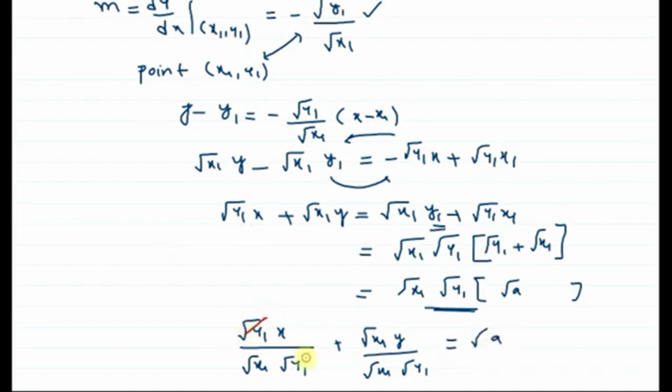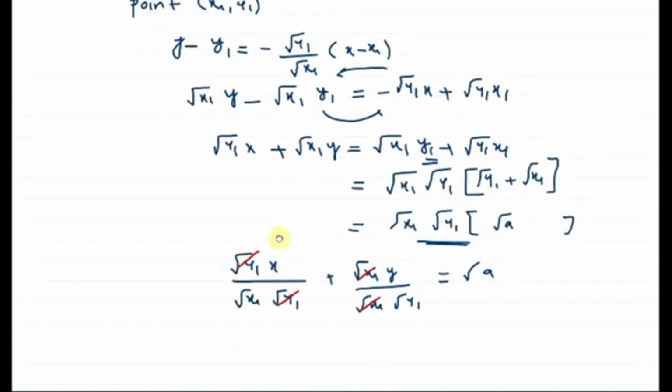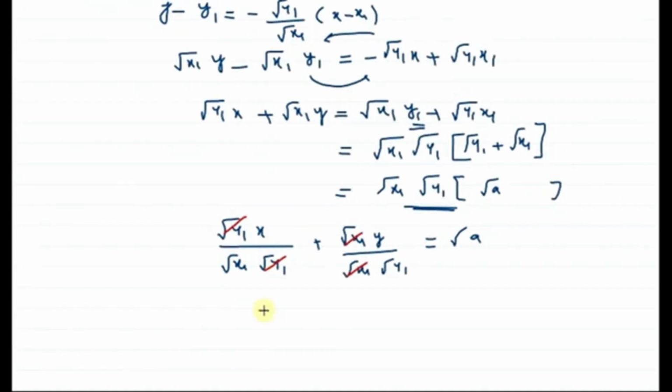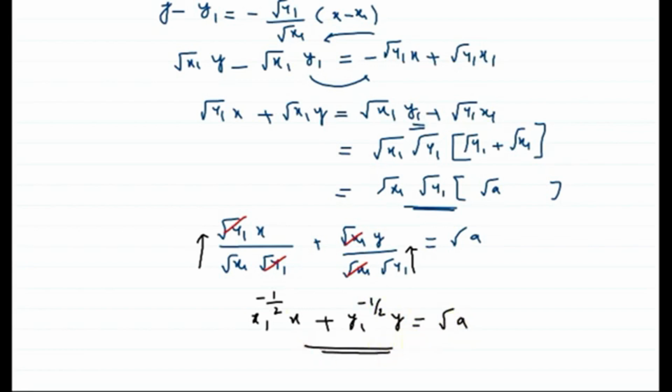Here root y1 and root x1 cancel. On simplification, the final answer will be x1 to the power of minus 1 by 2 into x, plus y1 to the power of minus 1 by 2 into y, is equal to root a. This is the required answer.